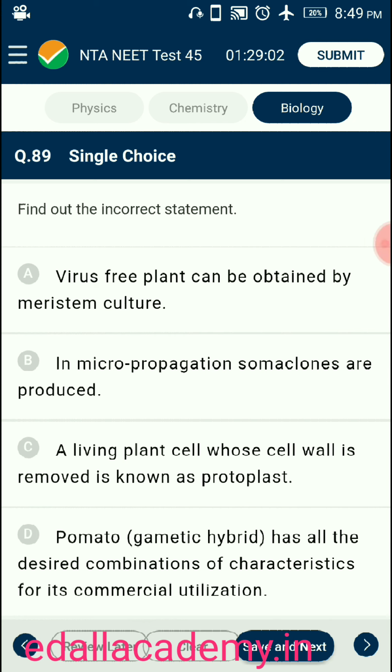But unfortunately, pomato did not have all the desired combinations of characteristics for its commercial utilization. So the answer for this question is option D. From the given four statements, the incorrect statement is option D. Pomato, a somatic hybrid, has all the desired combinations of characteristics for its commercial utilization.